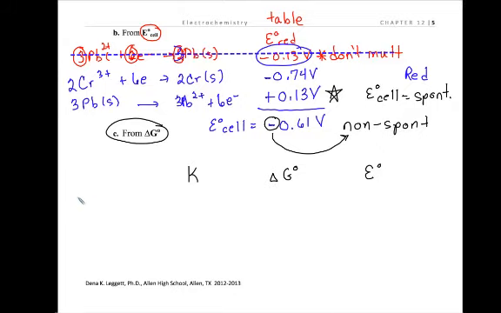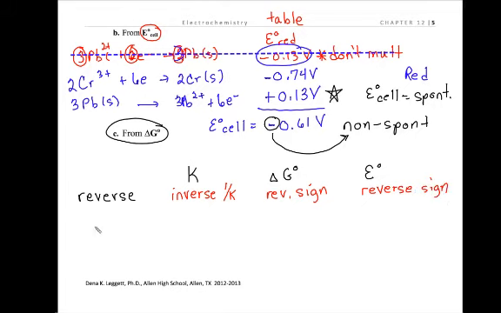Now, remember, if we reversed a reaction, with K, we took the inverse of our K. So our new K would be 1 over the K. For delta G, we simply reverse the sign. If it was negative, we make it positive. If it was positive, it was negative. We do the same thing with E0. We reverse the sign. You just saw me do that.